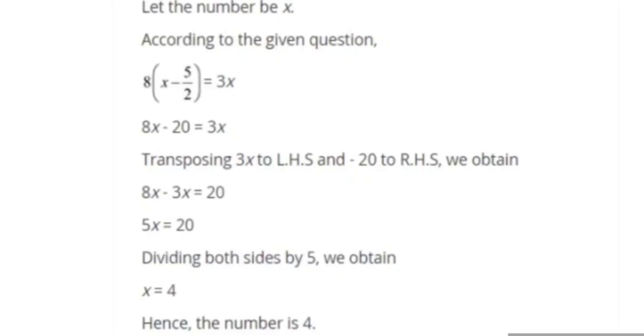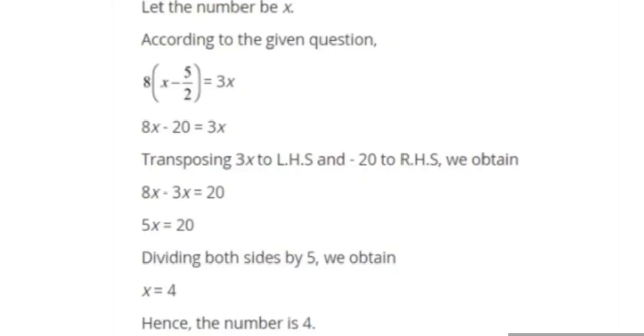Now, according to the given question, she subtracts 5 upon 2 from the number, means x minus 5 upon 2. And then she multiplies the result by 8. So the result now obtained is 3 times the same number she thought, means 3 times of x, this is equal to 3x.